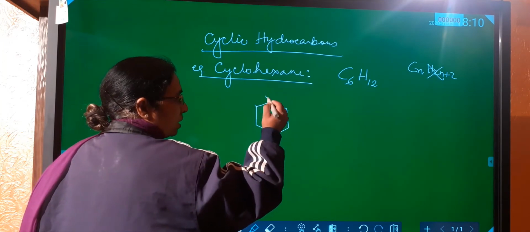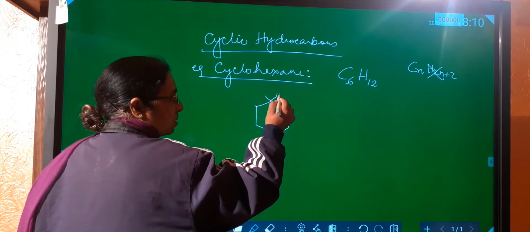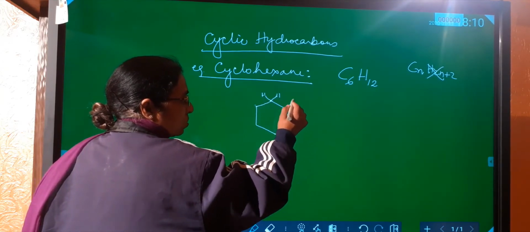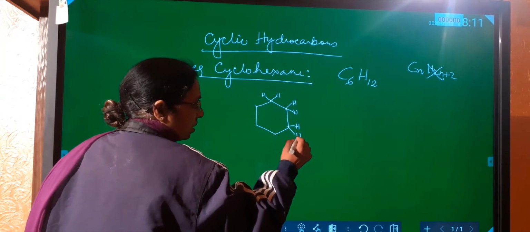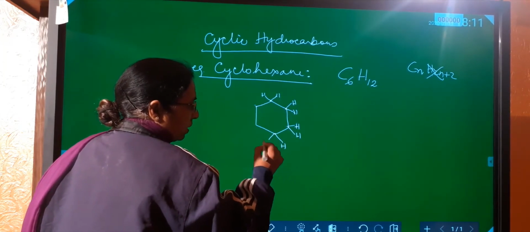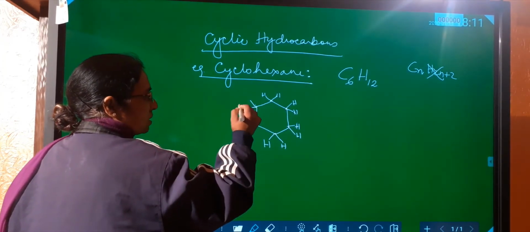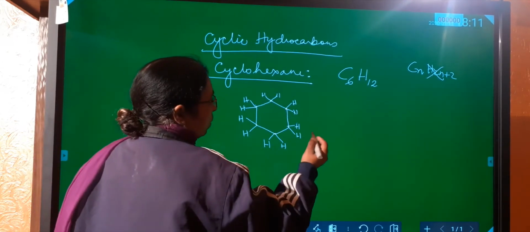And over here two bonds are already there. If I complete the valency of carbon, it is like this, one H, another H over here, one H, another H over here, and this becomes C6H12, and this is known as cyclohexane.